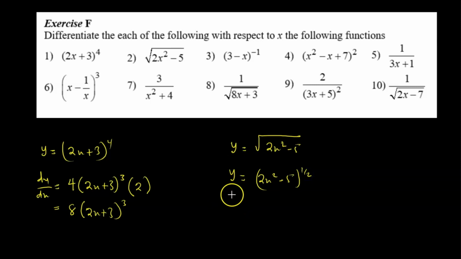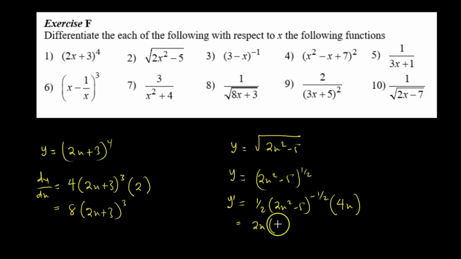In this case, y prime is equal to half of 2x squared minus 5 raised to the power, subtracting 1 from half, negative half. Then multiplying by the derivative of what is inside, we get 4x.